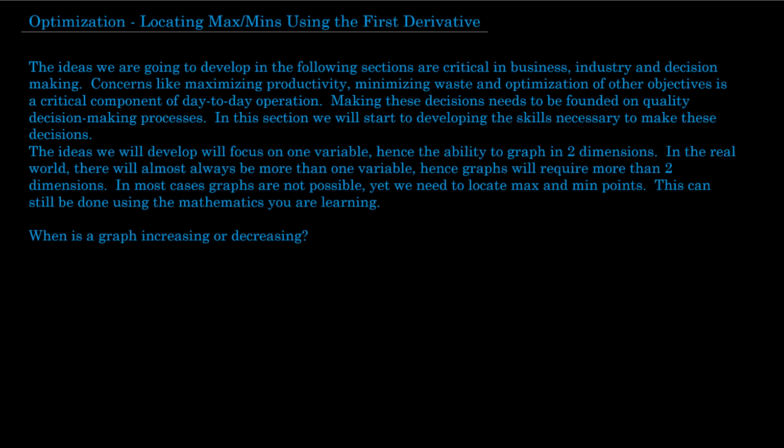Regardless where you're headed, business or industry wise, decision making, this is going to come into play. One of the things that's critical is being able to make decisions founded on quality decision-making processes. These techniques that we're going to look at are the basis of those quality decision-making processes.